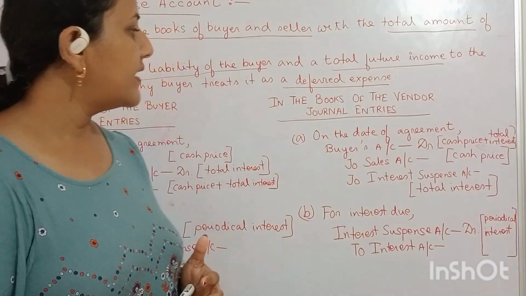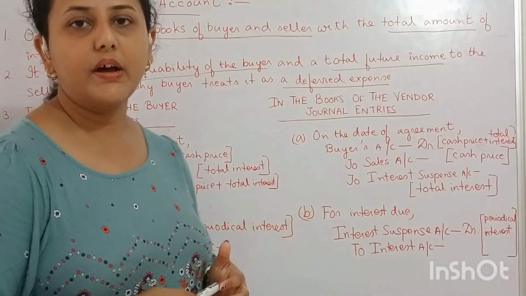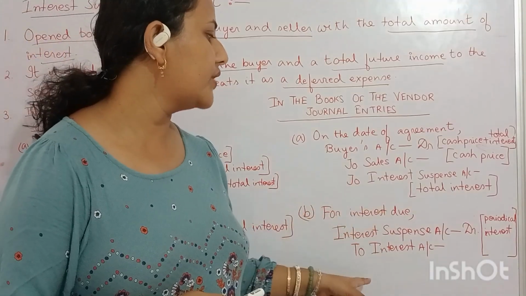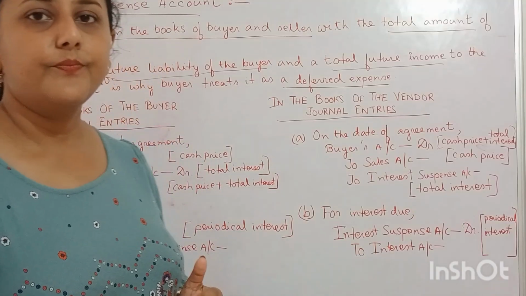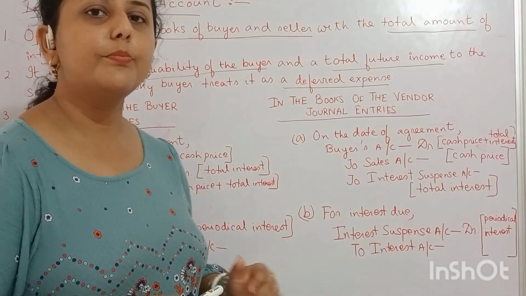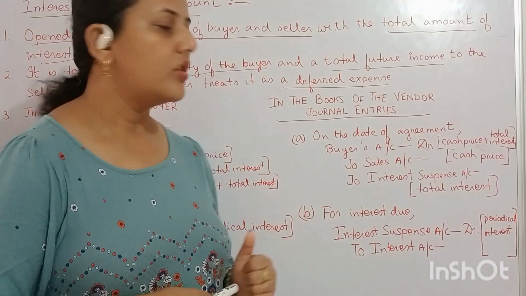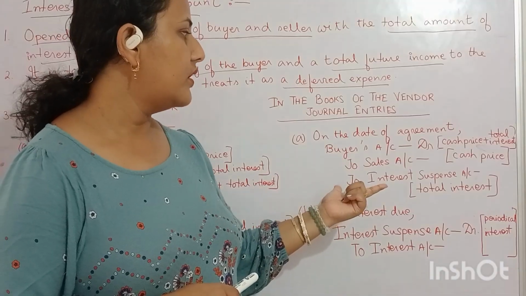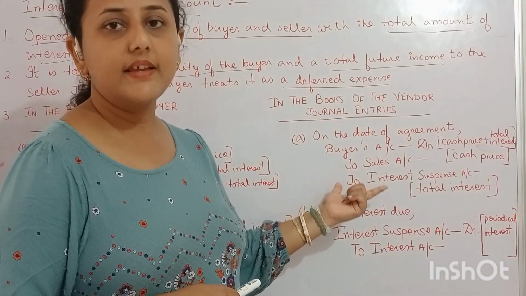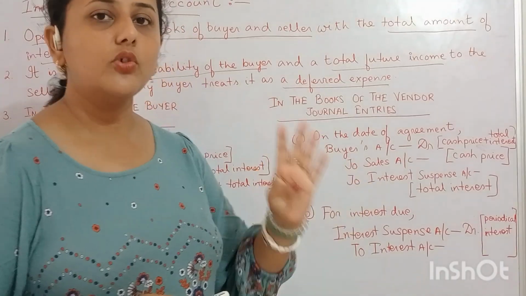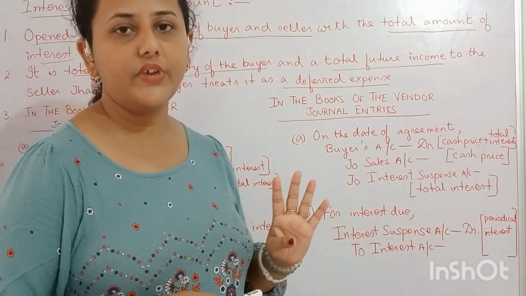Sales account will also not be opened because sales account will be transferred to trading account. So no need of opening sales account. Only 4 accounts will be opened in the books of the vendor.